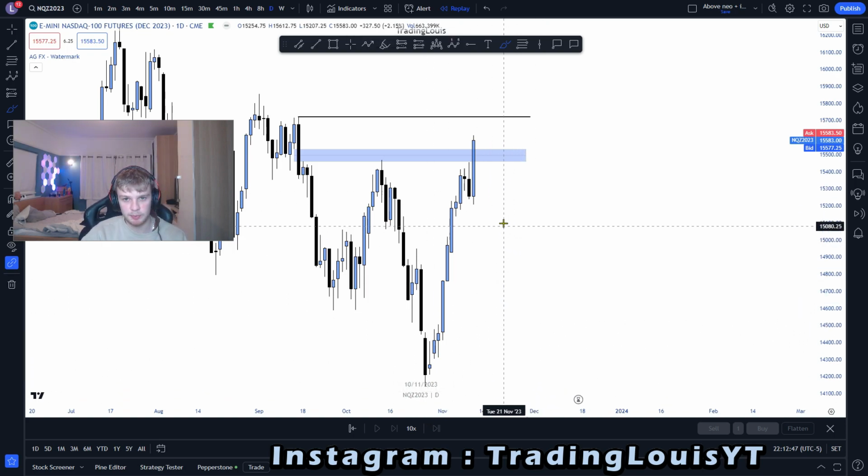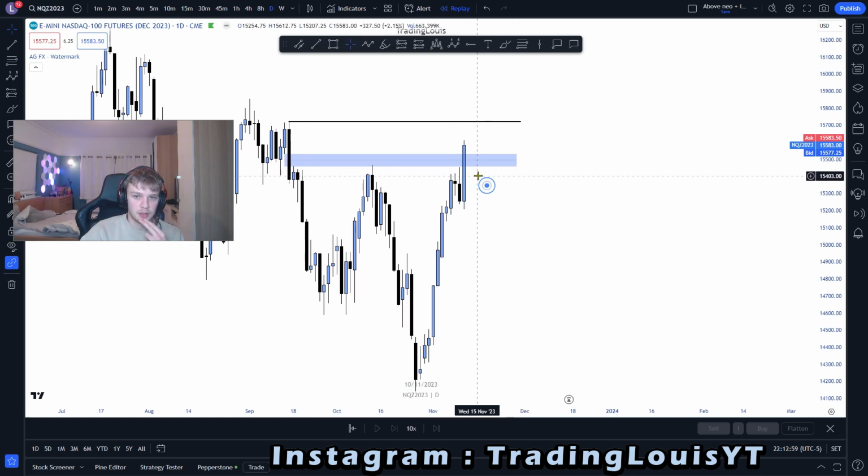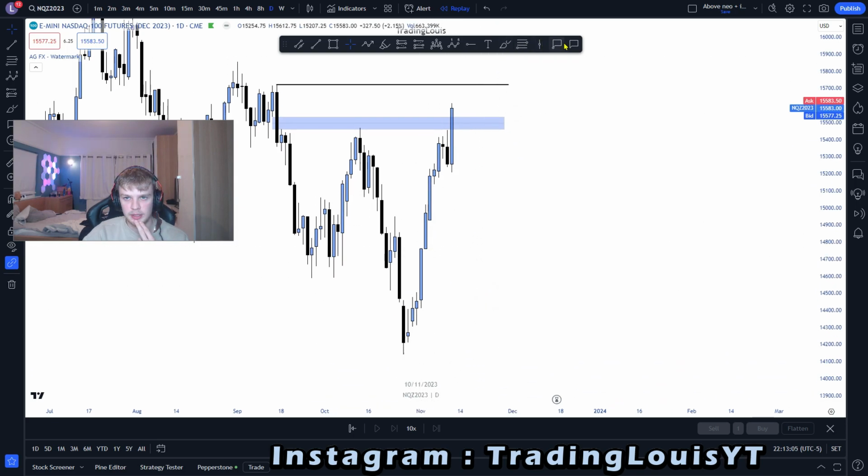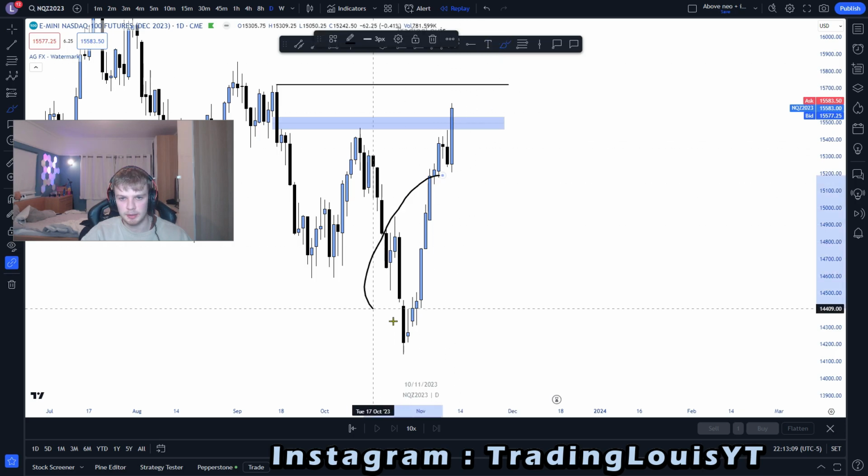The only condition where price doesn't take this high right here is if we create a bullish fair value gap, if we come close to taking it, and then if we violate the bullish fair value gap and turn it to an inverse, then I would want a retracement back down into this area here.